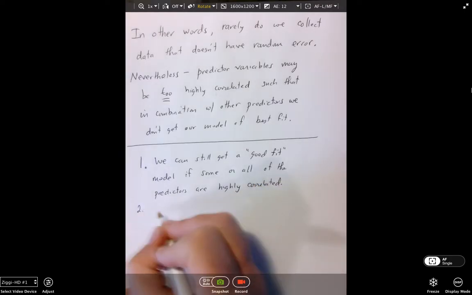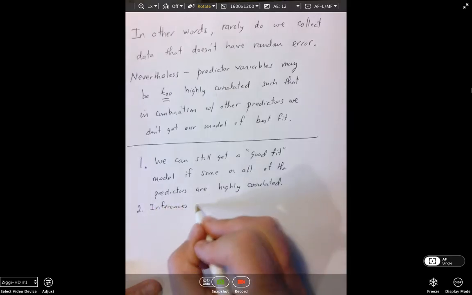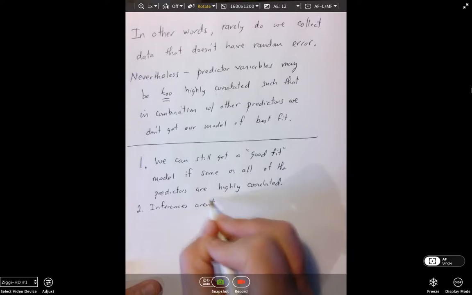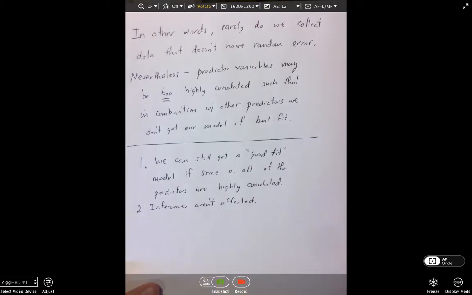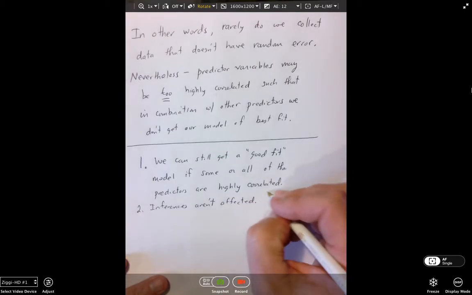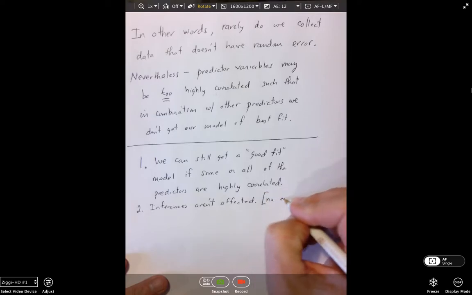Number 2, inferences aren't affected, as long as there's no extrapolation.